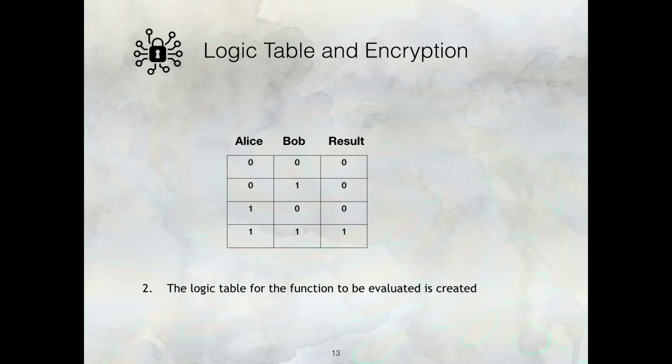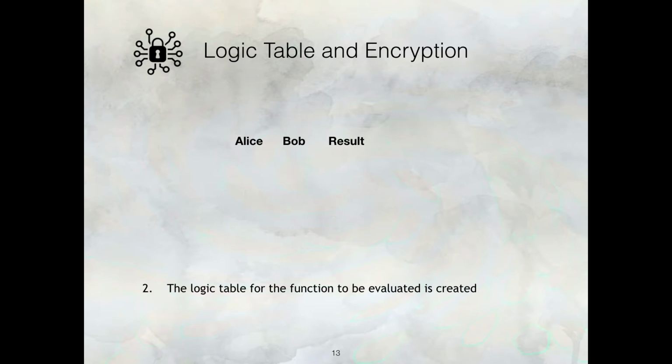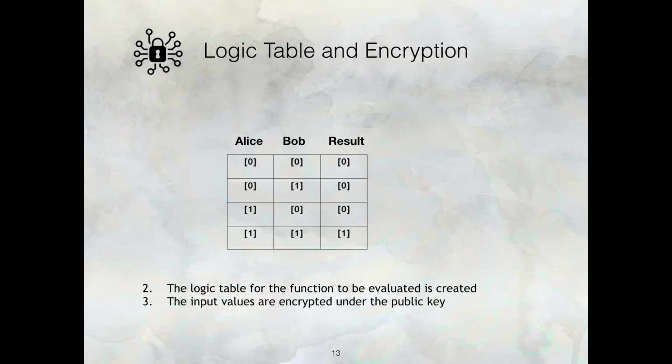And this is called an AND gate in logic. And so after this table is created, the input values are encrypted to hide the results under the public key.